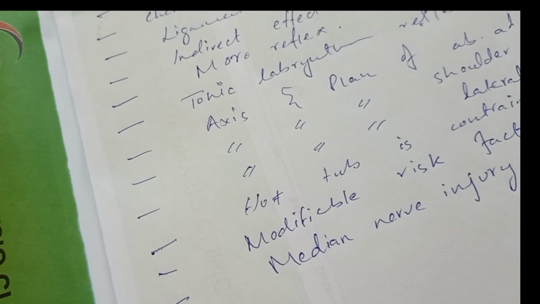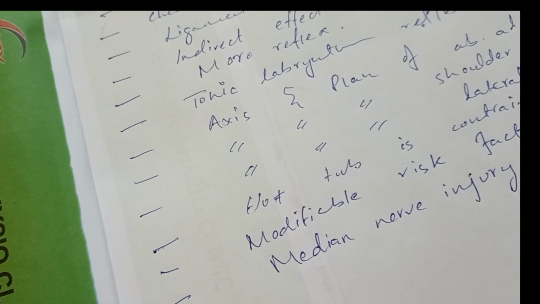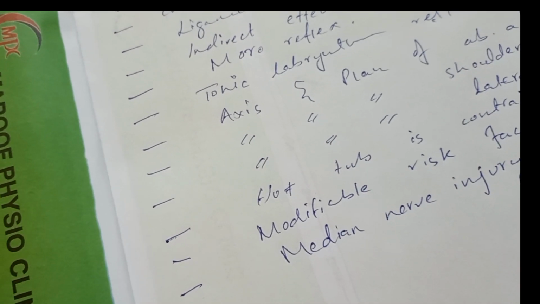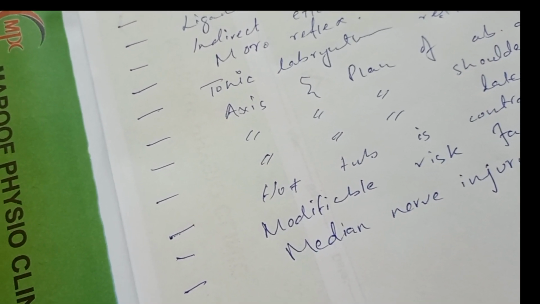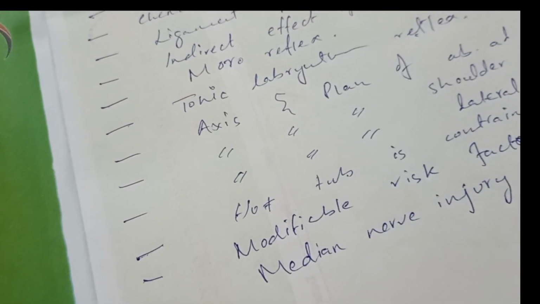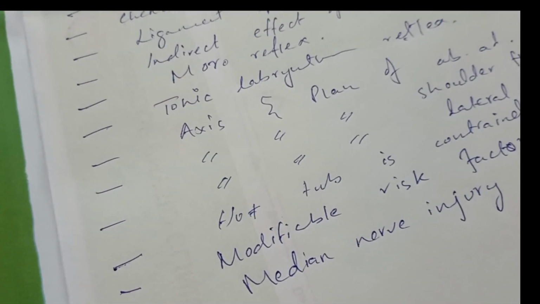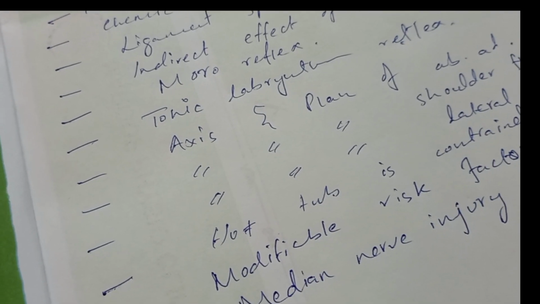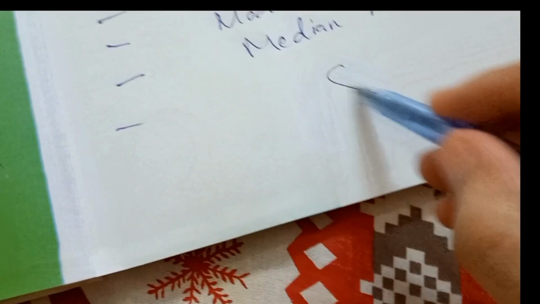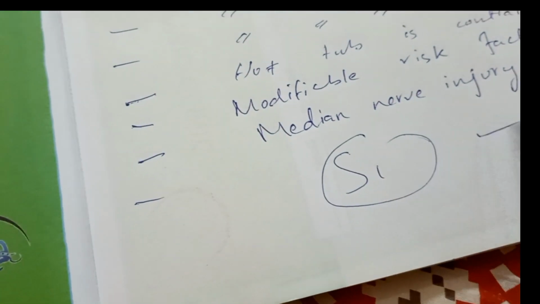Then there was a question about flexion of elbow in neutral position, that was brachioradialis. Then comes biceps brachii jerk, quadriceps jerk nerve root, and an S1 dermatome diagram.